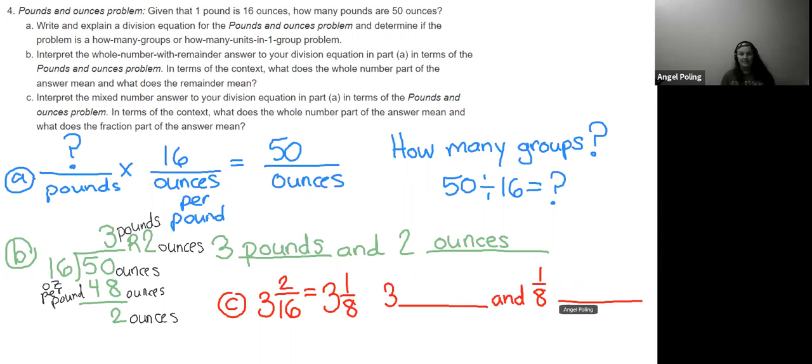What are these? So when we put the 2 ounces over the 16 ounces per pound, we're getting a portion of a pound, right? And so here we've got 3 pounds, same as the last time, but the 1/8 is 1/8 of a pound.